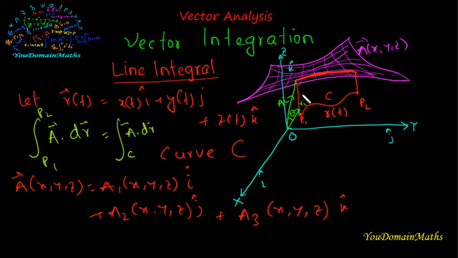This is the curve which is defined, and this curve must lie on the surface. So this curve is produced for the domain. That means this is the domain.